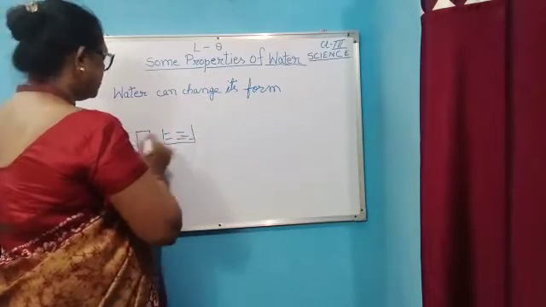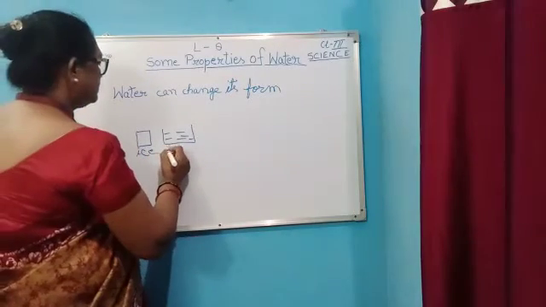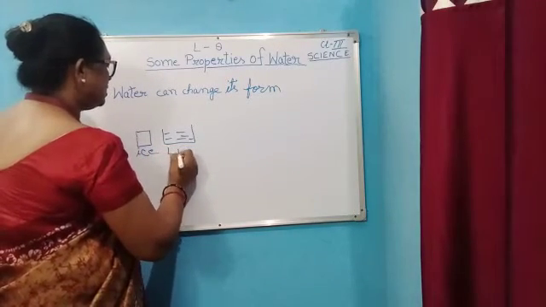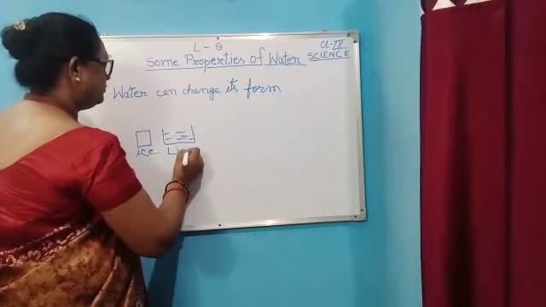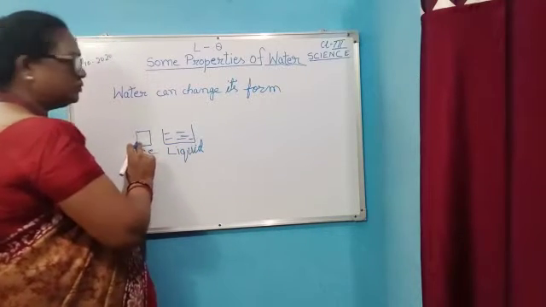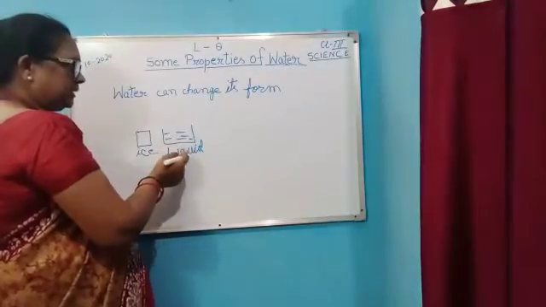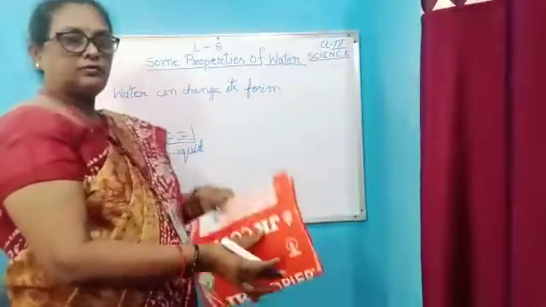What has happened to the ice? It is melted. Now this has changed into liquid form. This ice cube was solid form, and when it is melted, it is in liquid form.